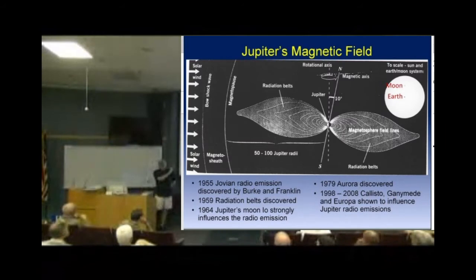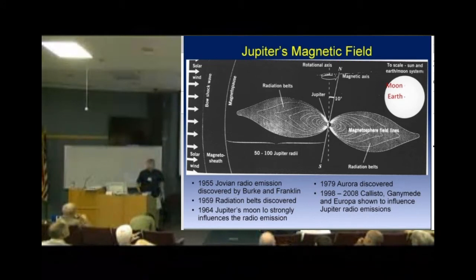And here are a few key dates. I won't go through all of these, but just some important discoveries that were made. And I like to show this image because it gives you a scale perspective on how big Jupiter's magnetosphere really is. So there's the Sun in the upper right, and then the Earth-Moon system.